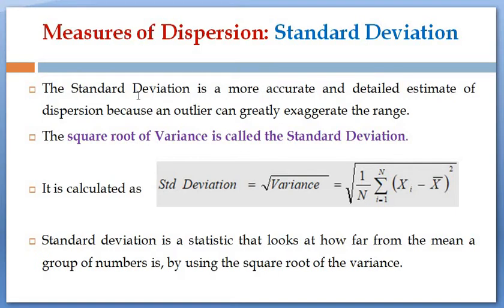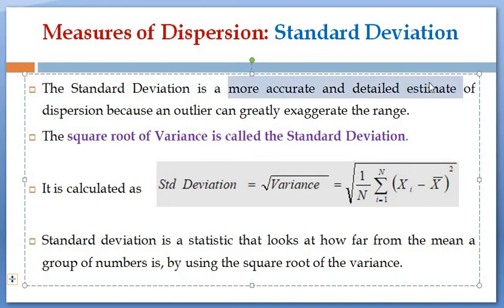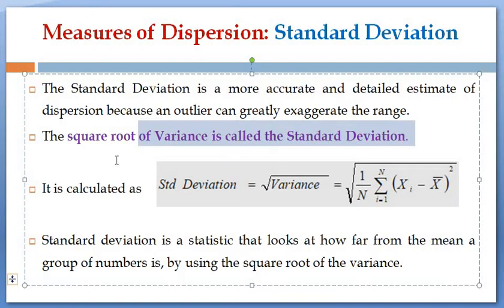So the standard deviation was formed, which gives more accurate results than the variance. The square root of the variance is called the standard deviation.